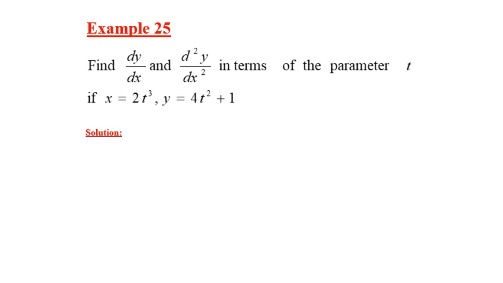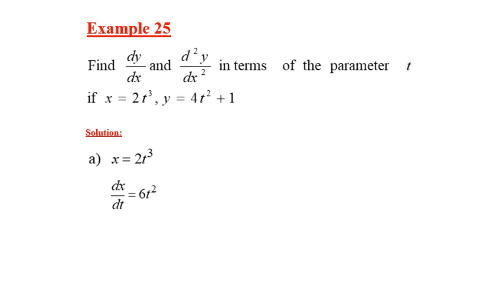Okay, so let's see the example here, example 25. Find the first derivative and second derivative in terms of parameter t, if x equals 2t to the power of 3 and y equals 4t squared plus 1. Firstly, we find dx/dt. We know x equals 2t cubed, so dx/dt is 6t squared.